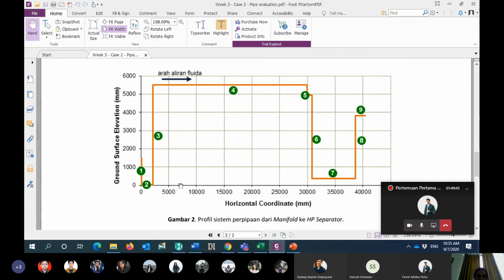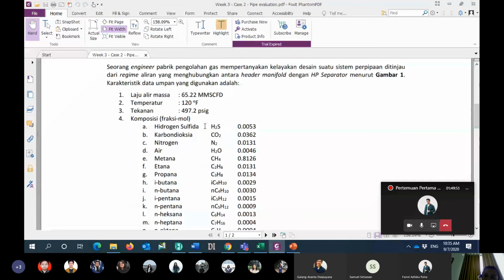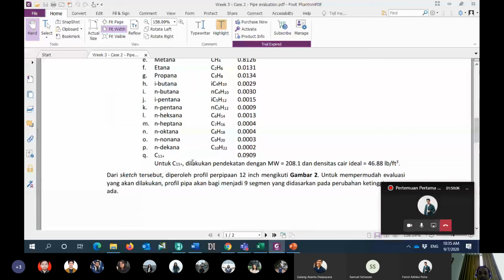So in this case, we are facing the problem of slugging, which creates fluctuation of pressure. Again, as a chemical engineer, you are challenged to avoid this condition and create smooth operation.